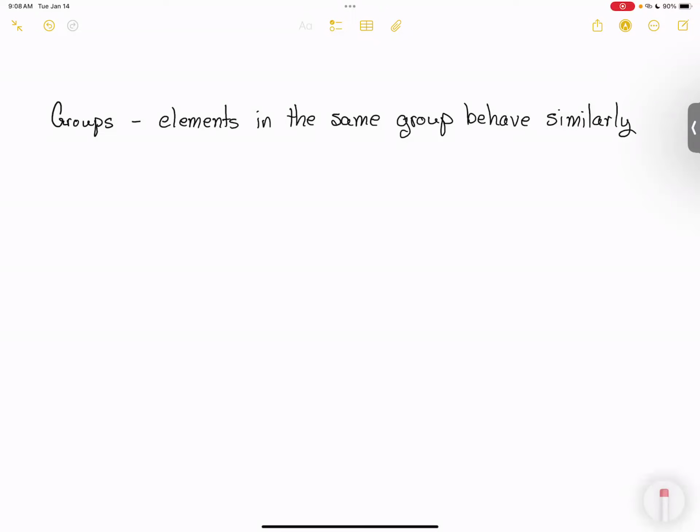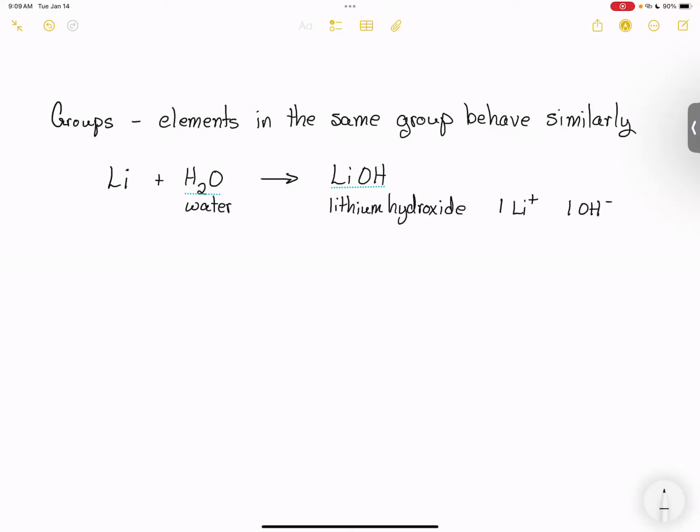What that means is when I put lithium in water, what I form is lithium hydroxide, which has one lithium cation and one hydroxide anion.